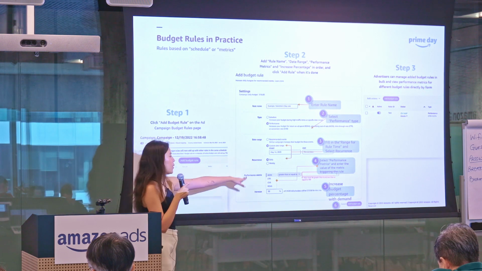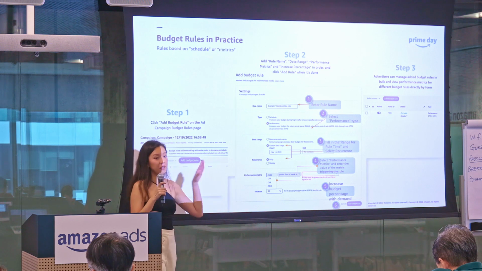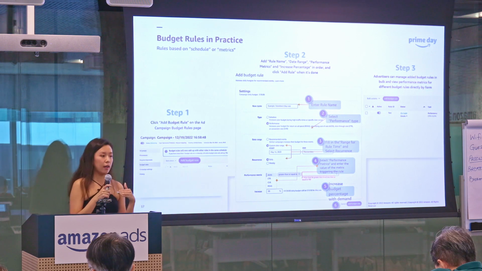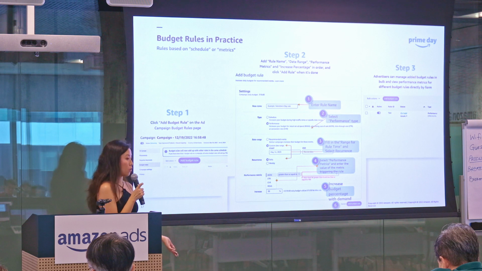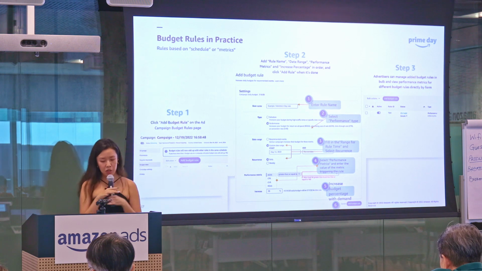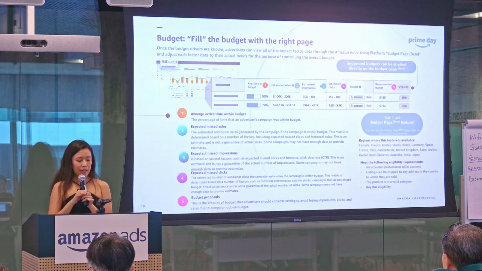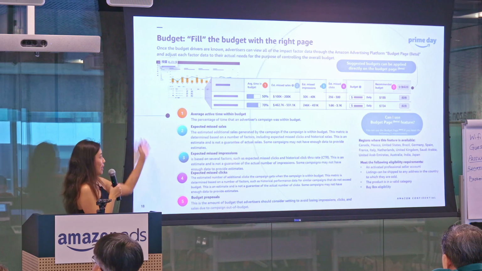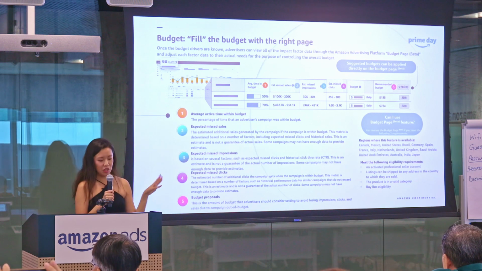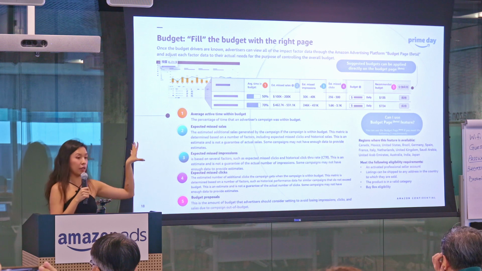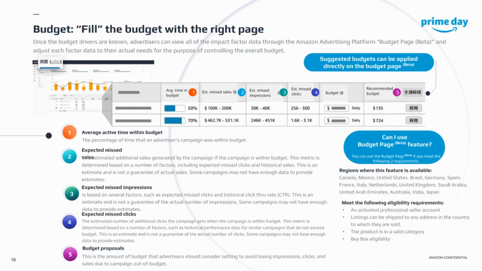So you can also set ACOS budget rules to prevent your ACOS going out of control. So that's for budget rules. Also, I'm not sure if our sellers are aware of the budget page, but this is where you keep track of how much time you are within budget throughout the entire campaign time.